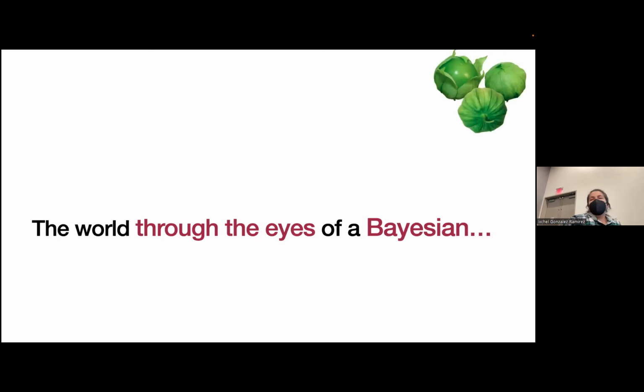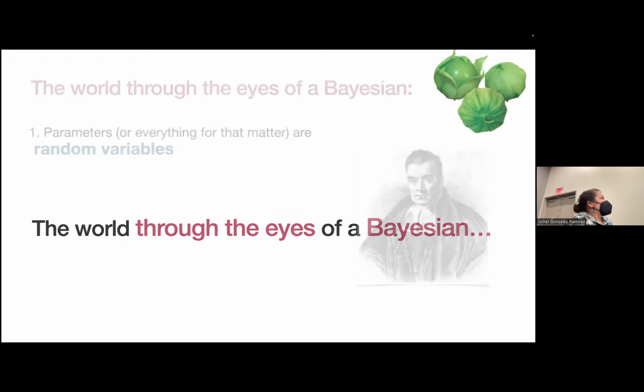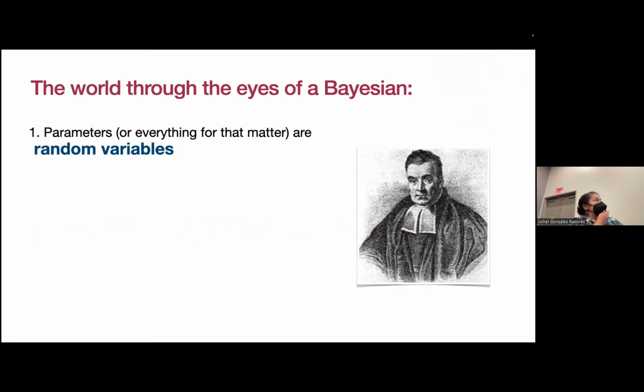So now we're gonna try to put ourselves in the shoes of a Bayesian and try to see how they see the world, because that's gonna help us understand how we specify models, okay? So if you're a Bayesian, you will think that the parameters, just put something that you care about. So put a tree. A tree is a parameter, right? Diversification rate is a parameter.